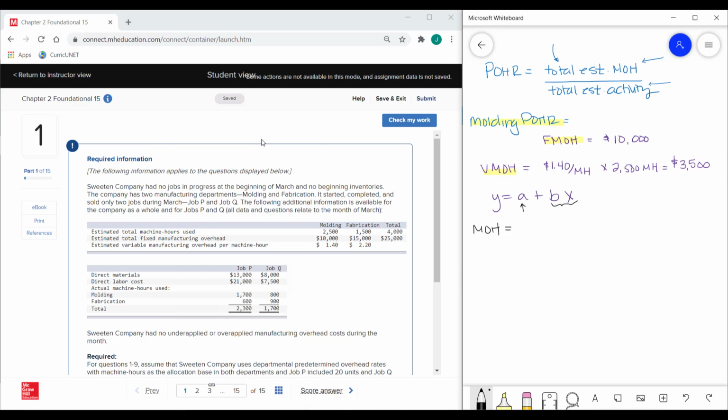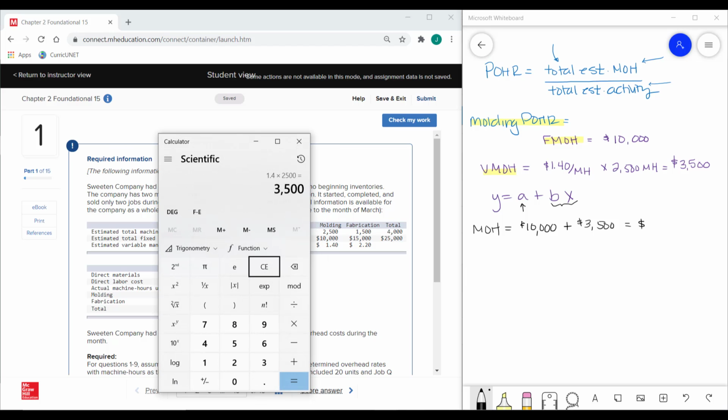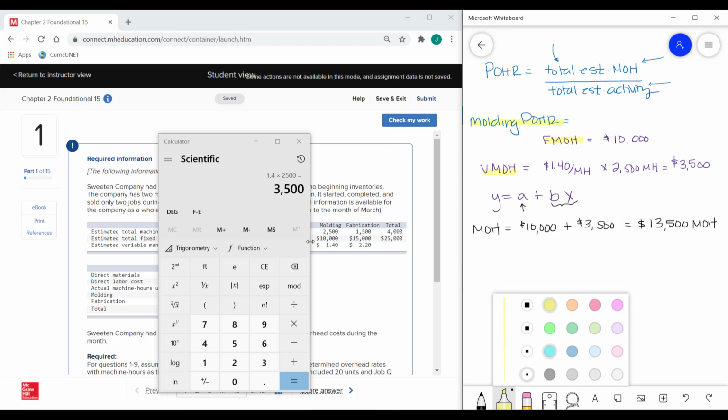So A is the $10,000 plus the estimated variable portion of overhead to be incurred within the molding department of $3,500. So what's the total estimated manufacturing overhead to be incurred in the molding department? Well, $10,000 plus $3,500 is $13,500 of manufacturing overhead.